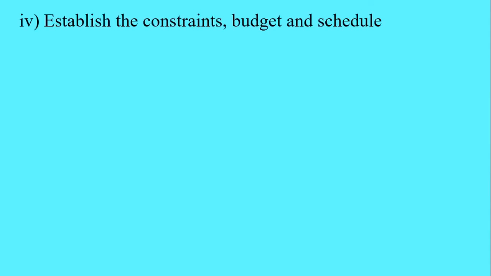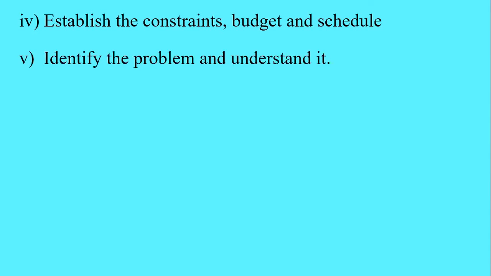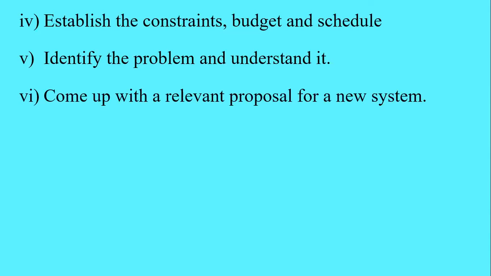Number 4 is establishing the constraints, budget, and schedule. Number 5 is identifying the problem and understanding that problem. Number 6 is coming up with a relevant proposal for a new system.